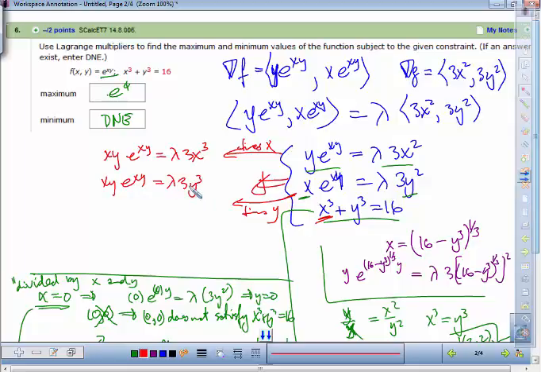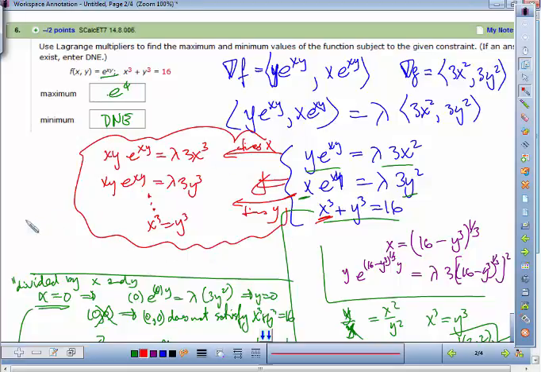And I'll see that those 2 things are equal and eventually come down to say x cubed is equal to y cubed, which is going to give me the same result. So this is just another way to solve.